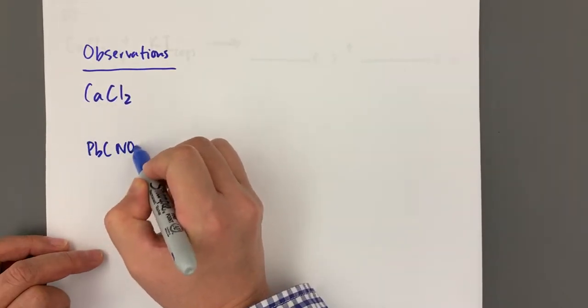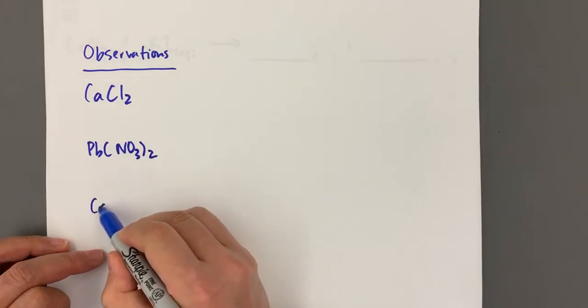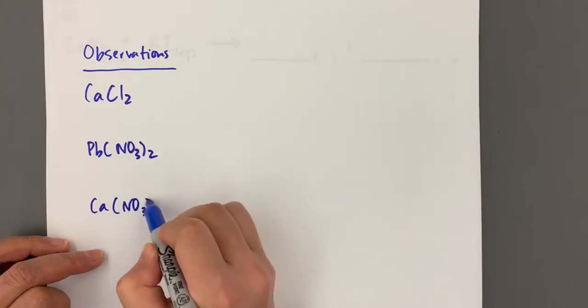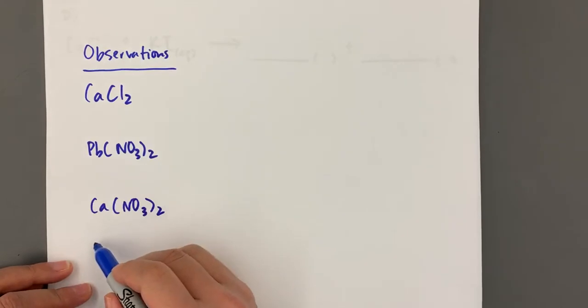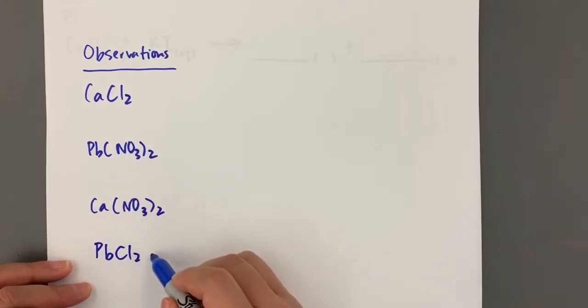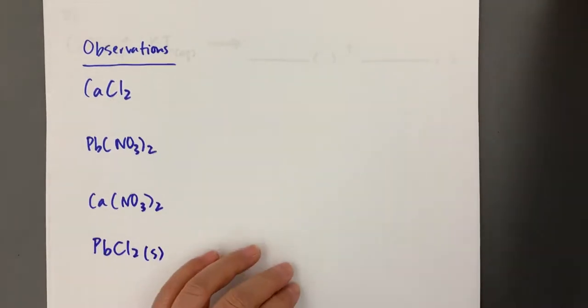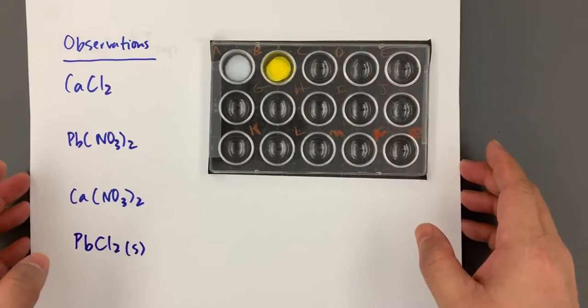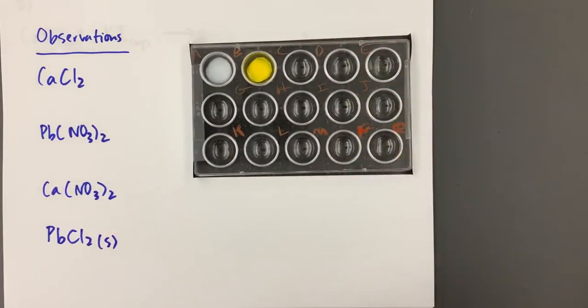We're going to add these together. It's going to form Ca(NO3)2, and we're going to form PbCl2, okay? And we're predicting that this is a solid, so we're predicting that that should be a precipitate. Okay? So again, you should be writing this down as you're collecting your data.